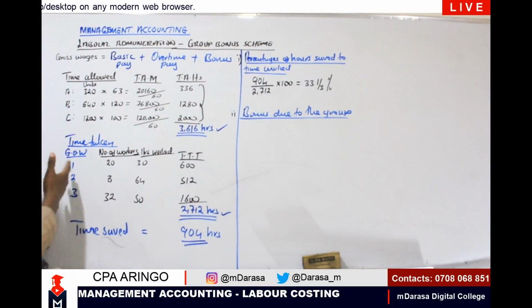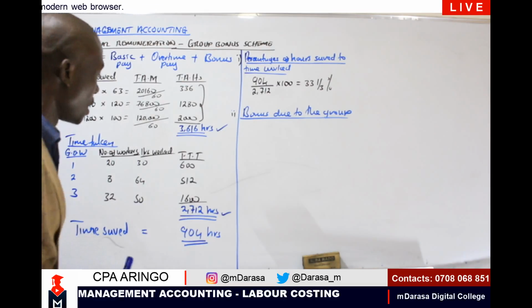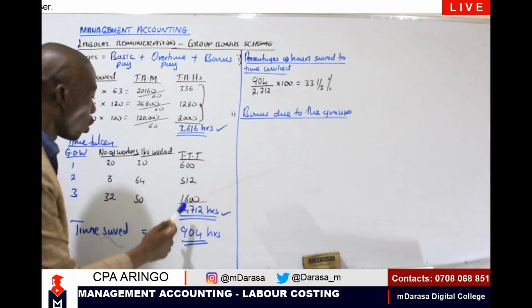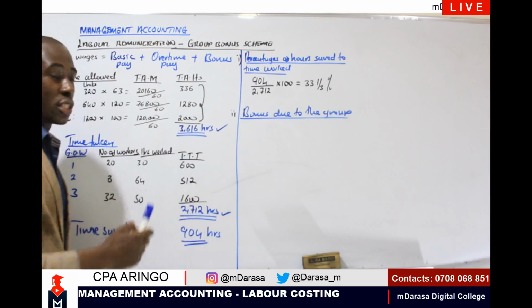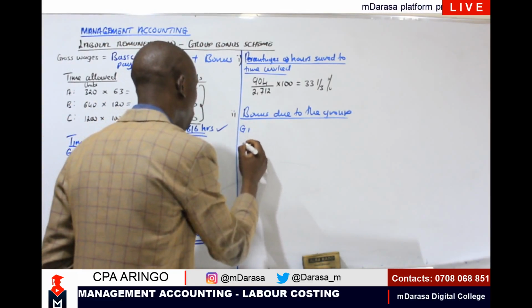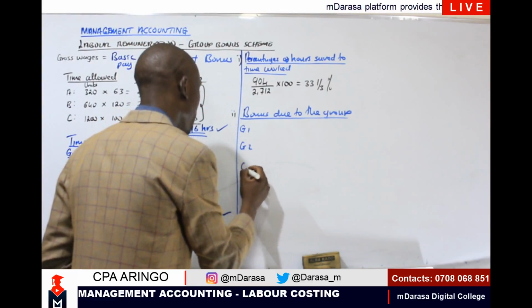Remember, we had different categories of workers, right? So I need us to determine what will be the proportion of time saved to each category of worker. We had group 1, group 2, group 3.